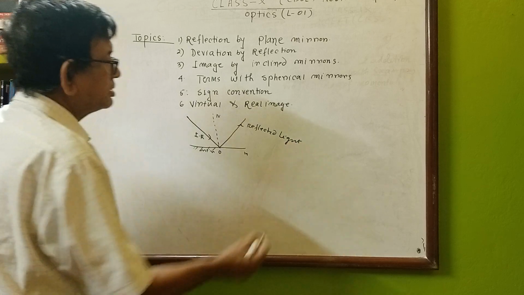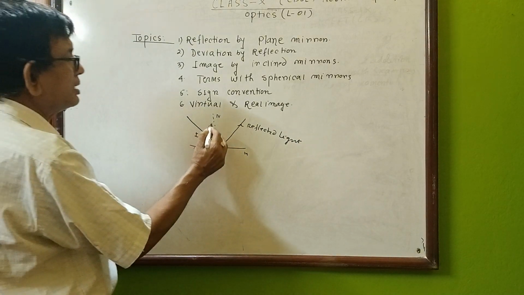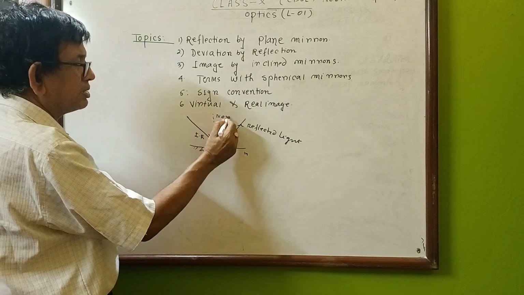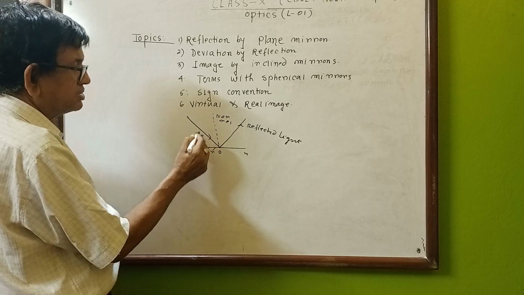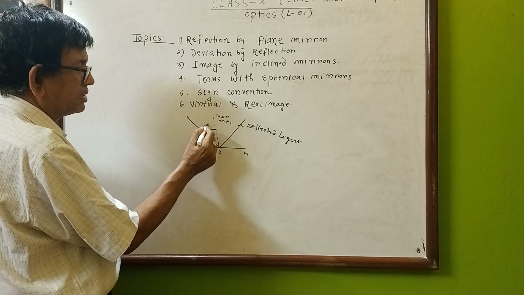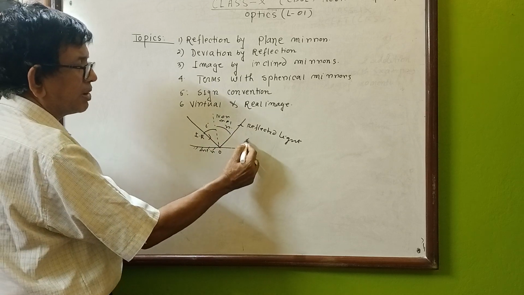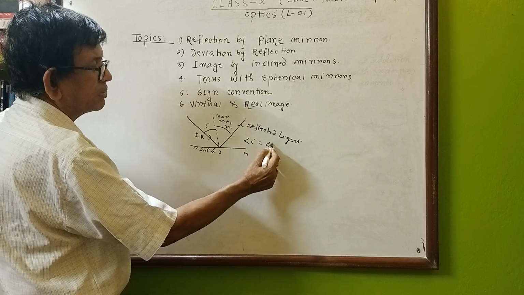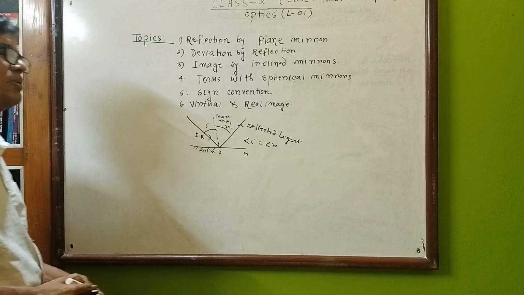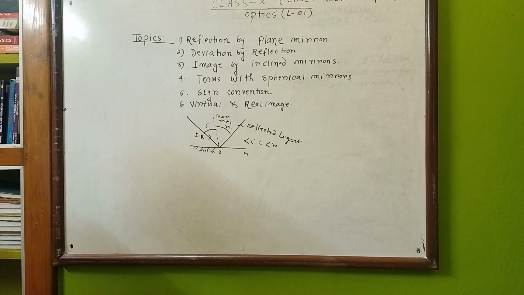Now children, consider this normal. This is the incident ray, this is the angle of incidence, and this is the angle of reflection. Now i equals r, the angle of reflection equals the angle of incidence.